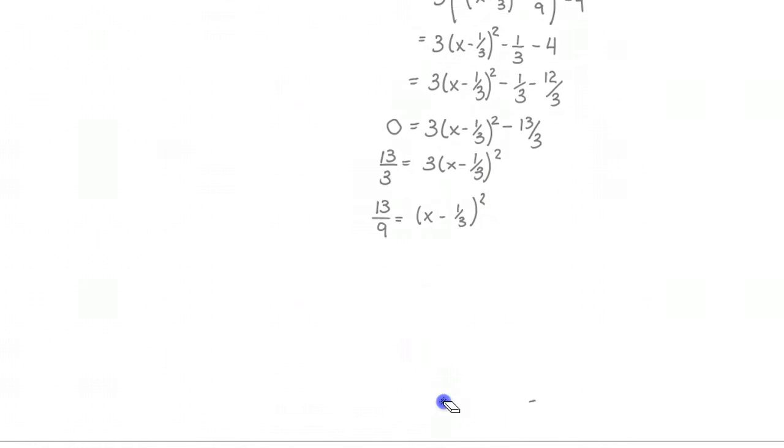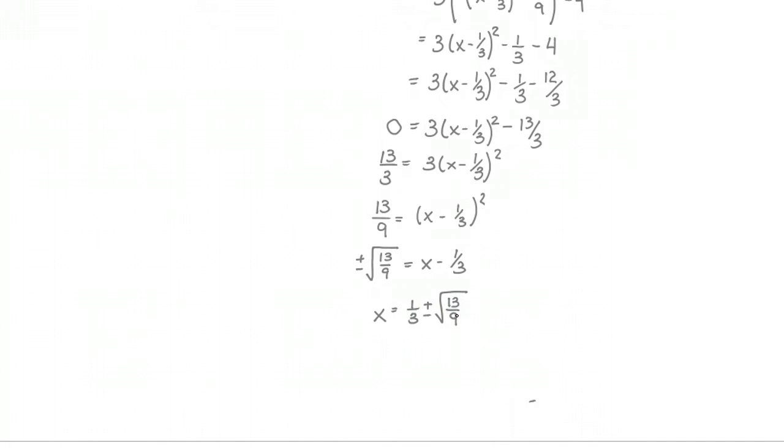That's a little rough work from before. Now I'll take the square root of both sides. So I'm going to have the square root of 13 over 9, and don't forget I have to put the plus or minus. Therefore x is equal to 1 over 3 plus or minus the square root of 13 over 9. So those are the x-intercepts.